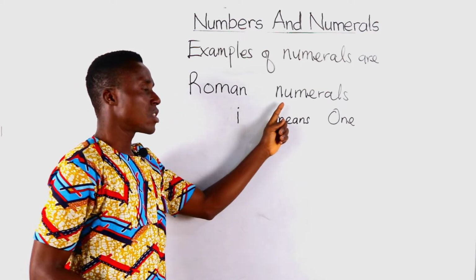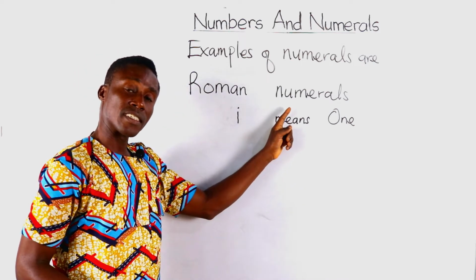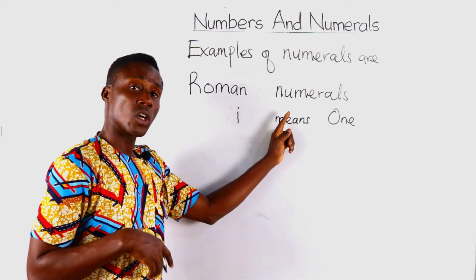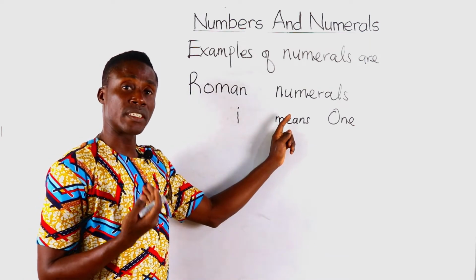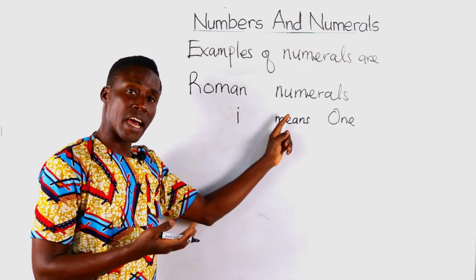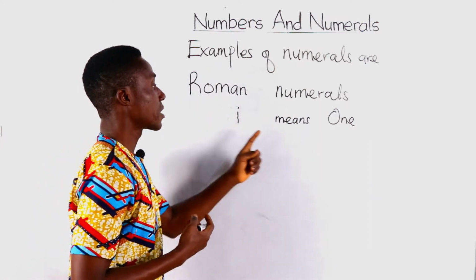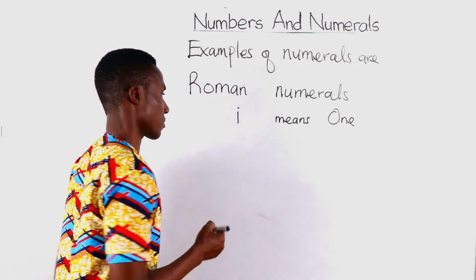In the Roman numerals, they created drawings, or symbols, that they used to stand for numbers. And in their numerals, I means 1.